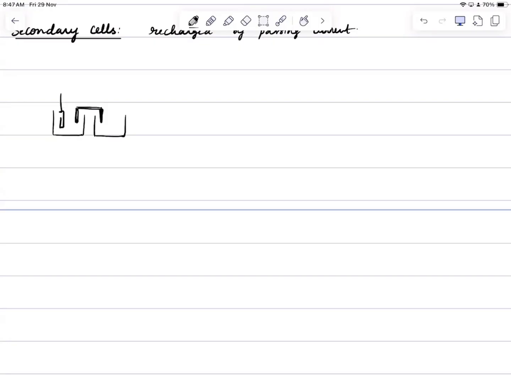And here are the electrodes. And the flow of electrons will go in this direction. This is the flow of electrons, while the current will go in this direction.